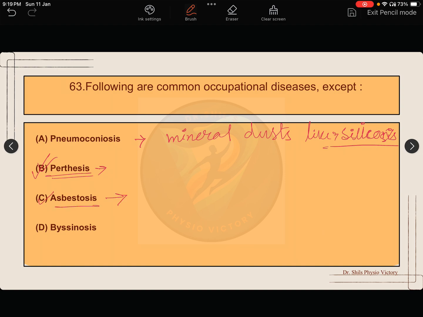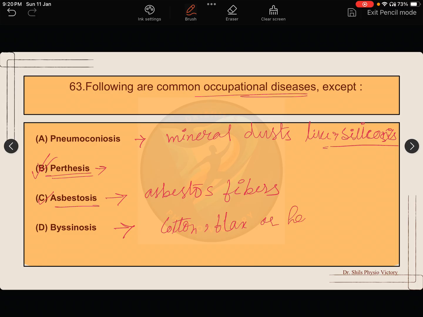Asbestosis is also an occupational disease because of the inhalation of asbestos fibers, and bicyanosis is also occupational lung disease from cotton or flax dust.